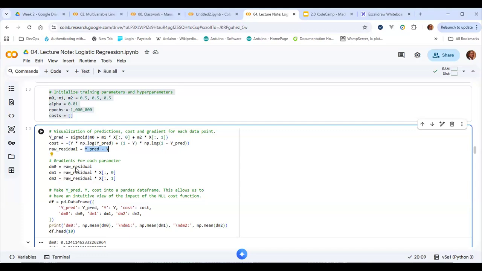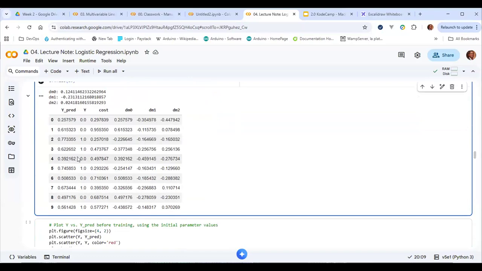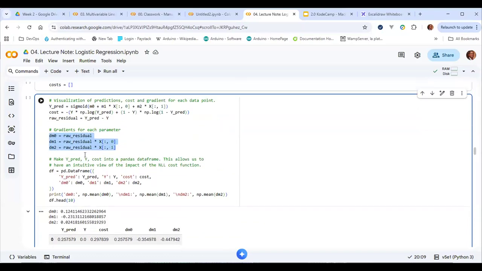You always use the residual to calculate the gradient. Now, this was doing it three separate ways. The interesting thing is that I can now combine these three and do it in a single go, instead of separating it.